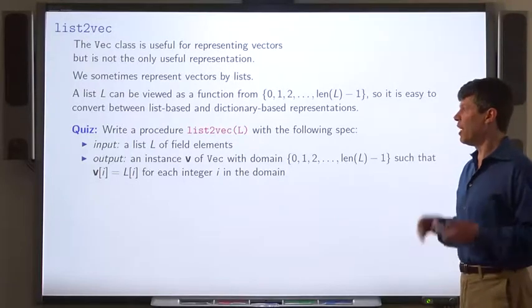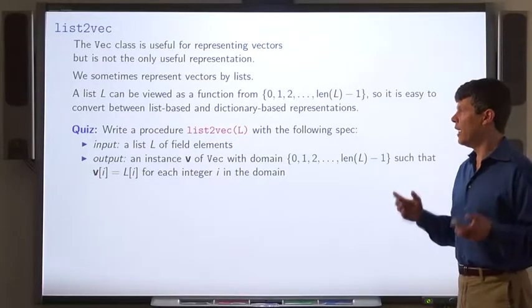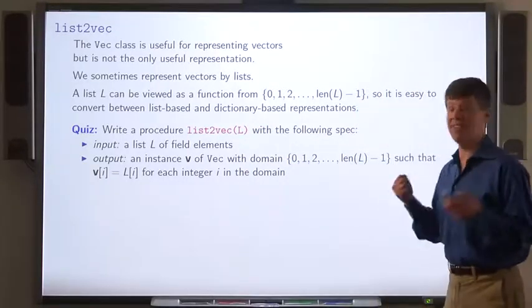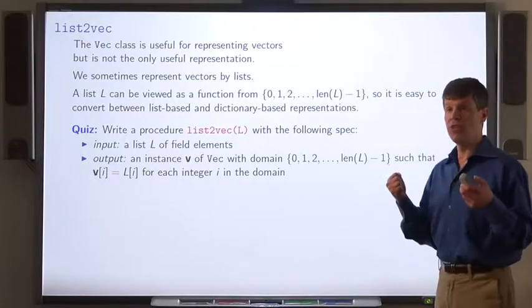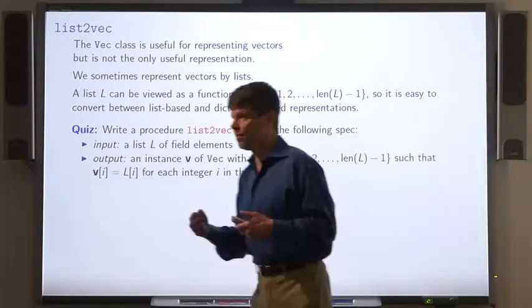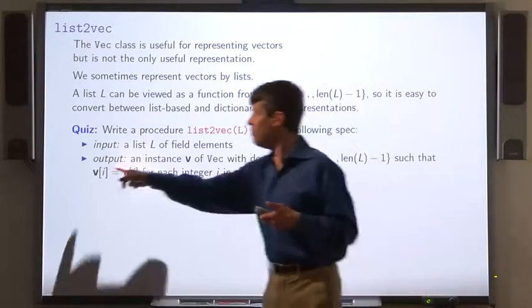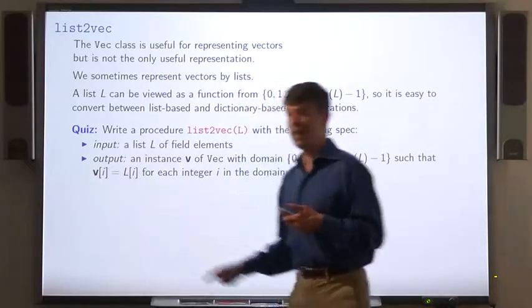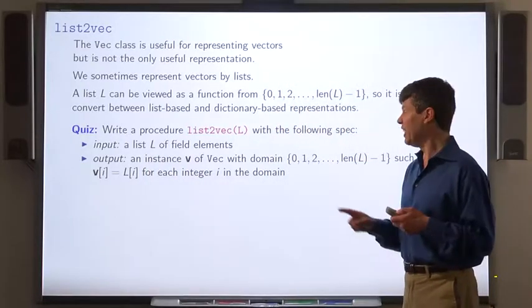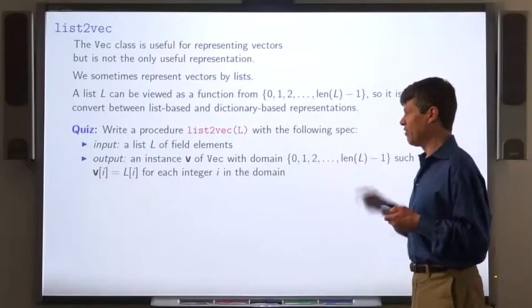Write the procedure list2vec that takes a list of field elements and outputs an instance of vec with domain 0 through the length of the list minus 1, such that entry i of the vector v equals element i of the list L for each integer i in this domain.